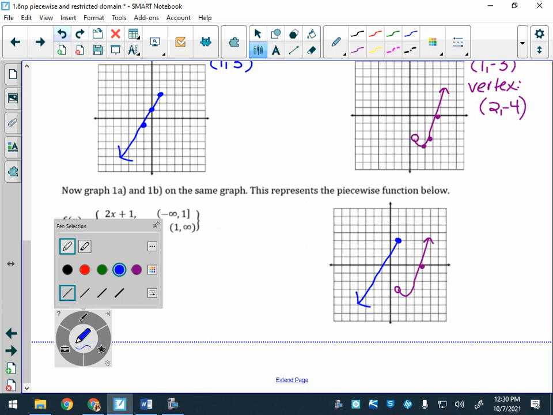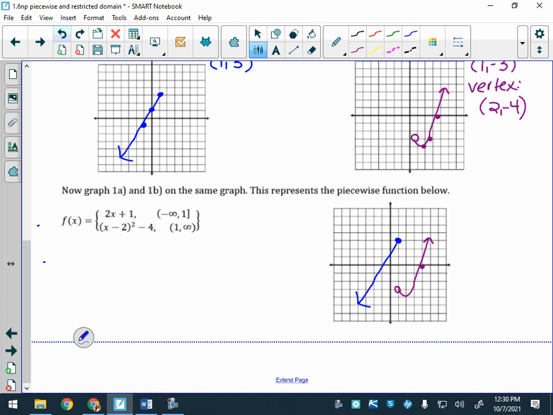That is your piecewise function, and this is what it looks like in an equation. If you were given this, you have to do the same thing as we did with the two separate pieces. What you would do is notice what number they have in common in their domain: 1.